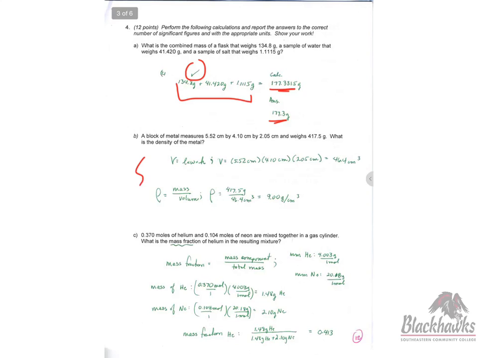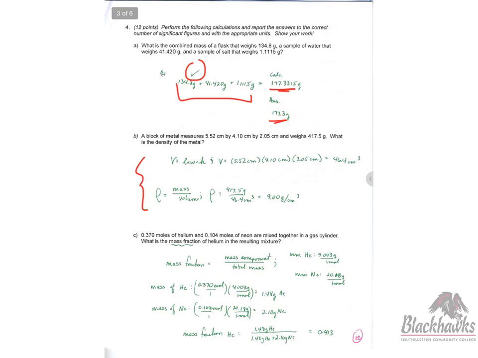Then down here, this is a type of problem where you could have left it till the end to round, or you could have rounded along the way. I gave you the mass of the object, and it happened to have a nice regular shape: length, width, and height. So the density is mass divided by volume. You could have gone ahead and, like I did, calculated volume aside, rounded it to 3 sig figs, and then plugged it in, or you could have put volume down here, and you got the same answer using the rounded or the unrounded.